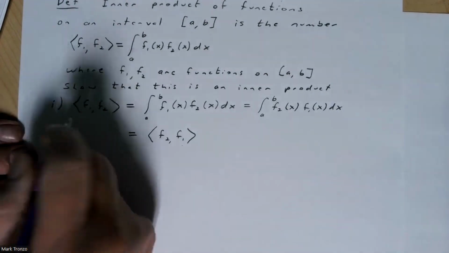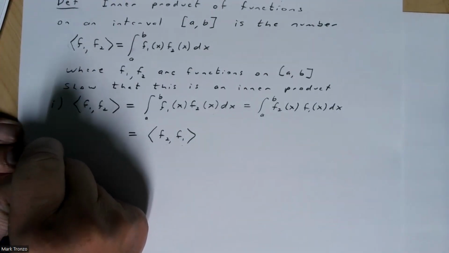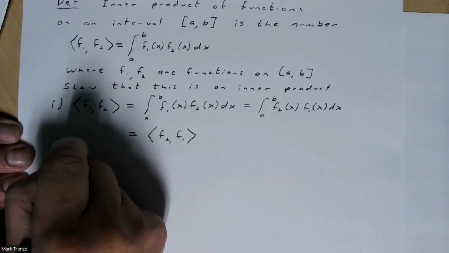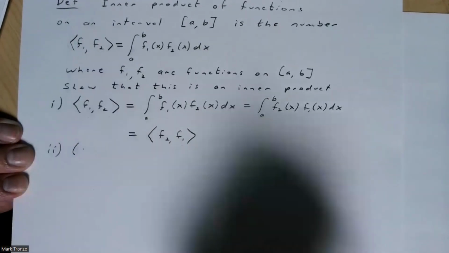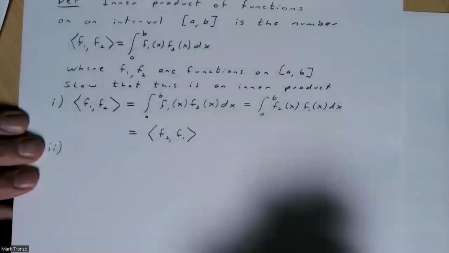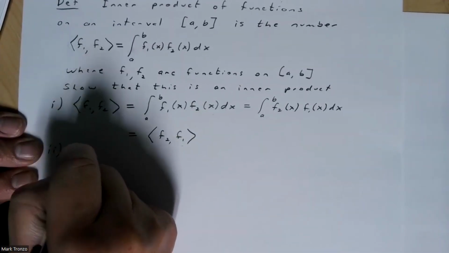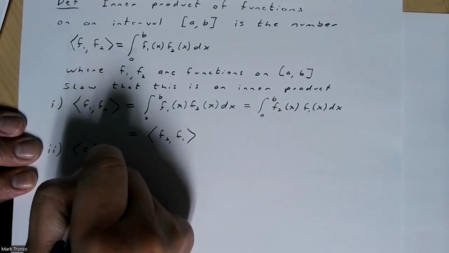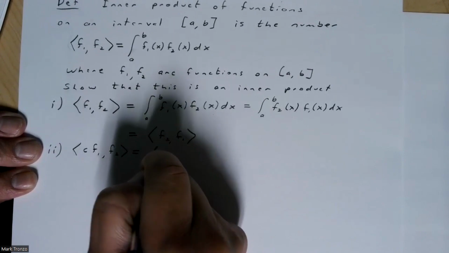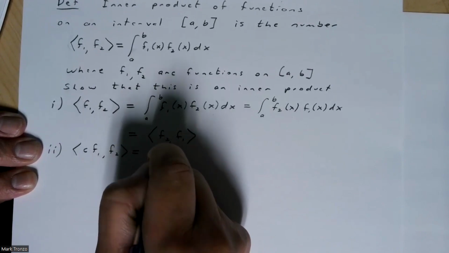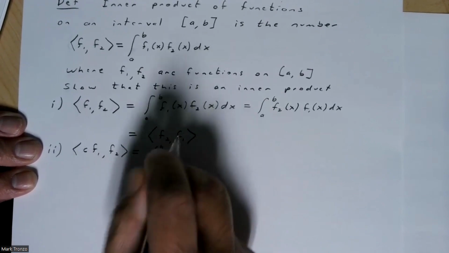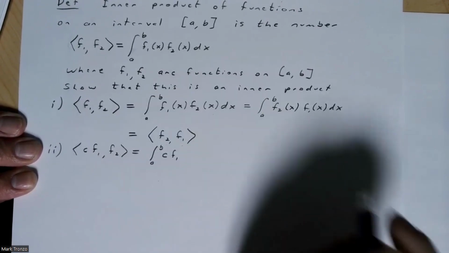The other thing we want to show is number 2, that you can take a constant times one of the functions and then factor it out. So let's do that. So the inner product of C F1 with F2, again, that's going to be equal to the integral from a to b of C F1 F2 dx. I'm going to leave off the notation, the x, just to make it a little bit simpler.